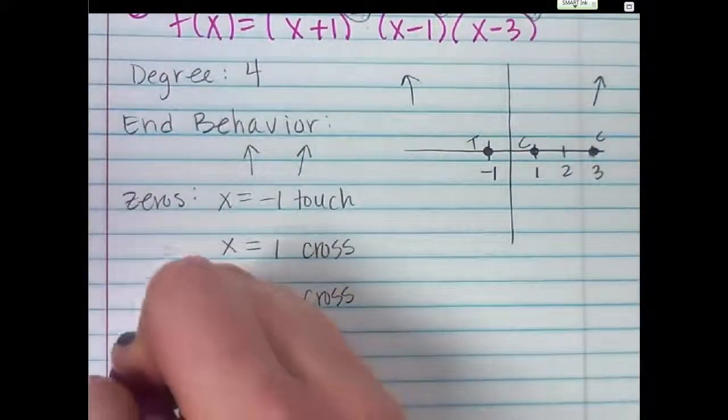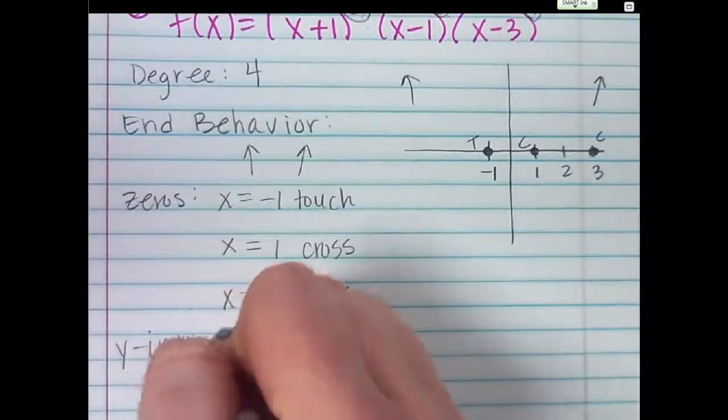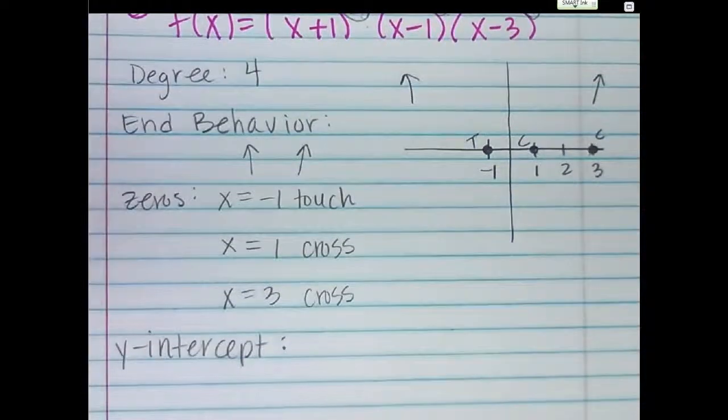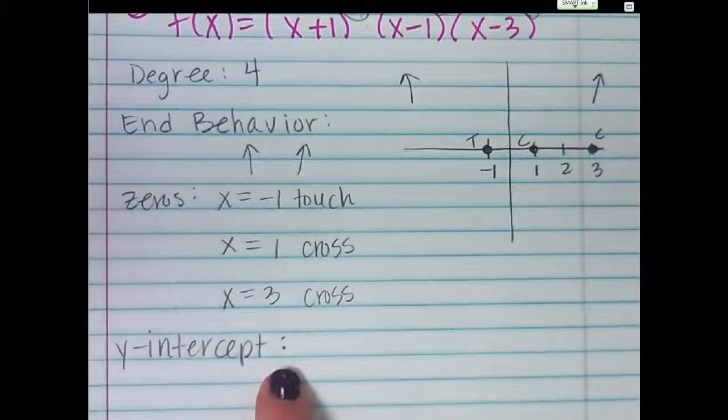Last thing, the Y-intercept. And when you're doing your homework, if you want to write all this out, you can, but really, you'll start to get the information and you'll just plot it on your graph and go. What's the x value on the Y-intercept? What does Y-intercept even mean? Where it touches the y-axis. So what's the x value here? 0.